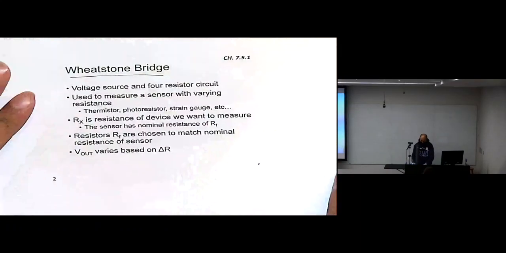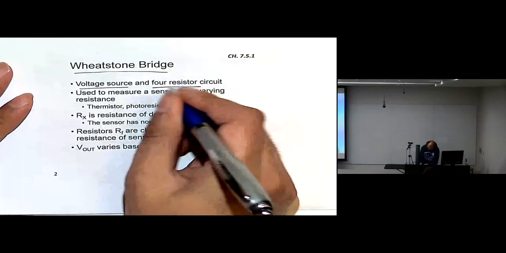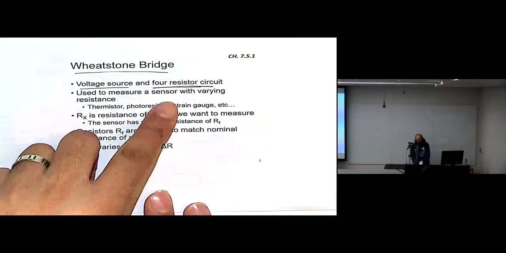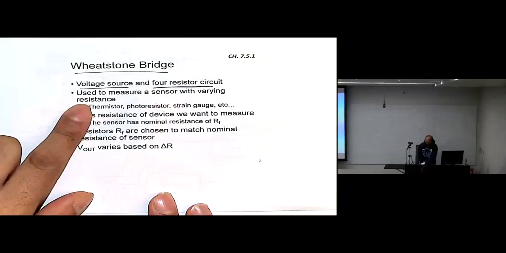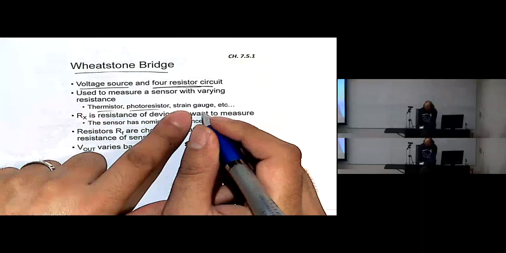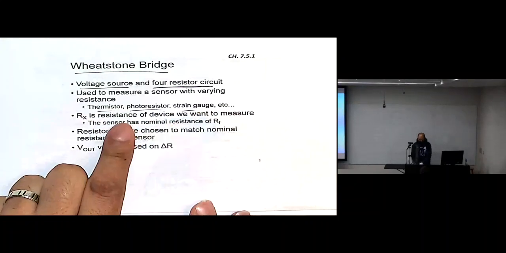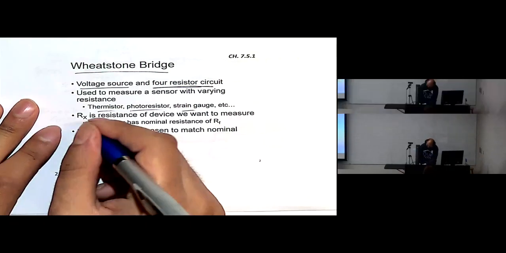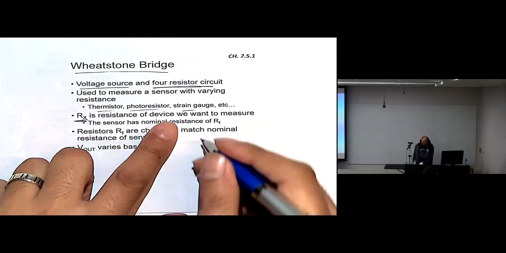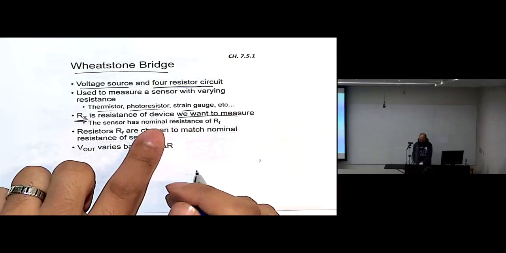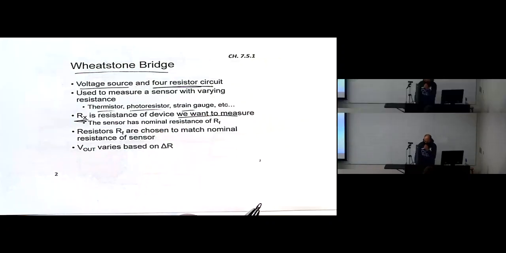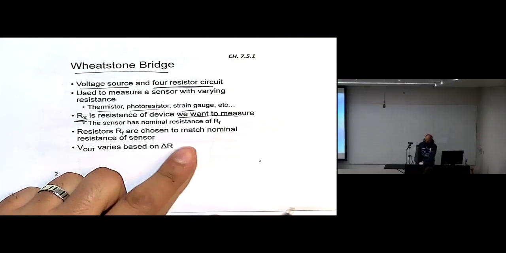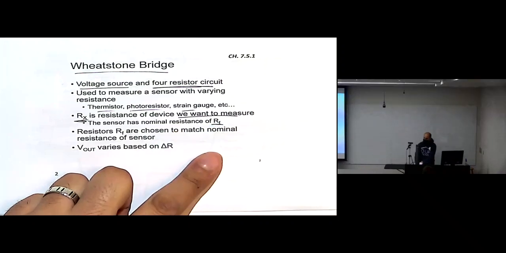So the Wheatstone bridge is a voltage source with 4 resistor circuits. It's used to measure sensing resistors, like thermistor, photoresistor, strain gauge, etc. The resistor that we need to measure from the sensor, we call it RS. And we have the other resistors that we should know, and they should be fixed, which is called RF. So we have one unknown resistor, and the other 3 resistors are known.